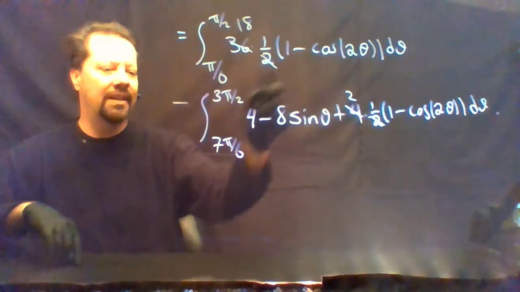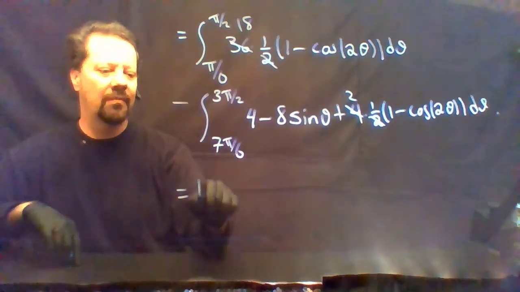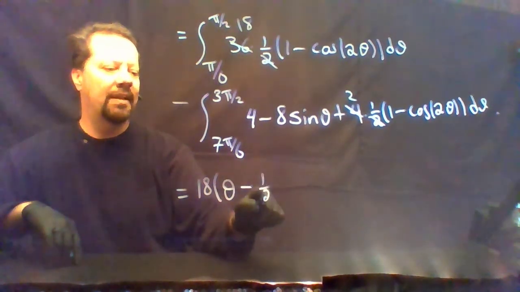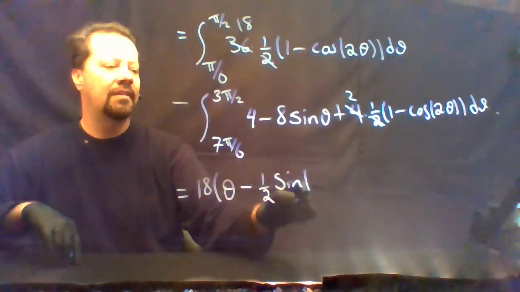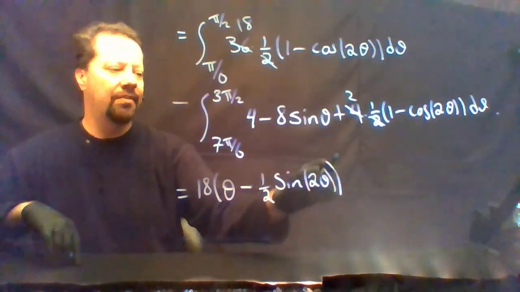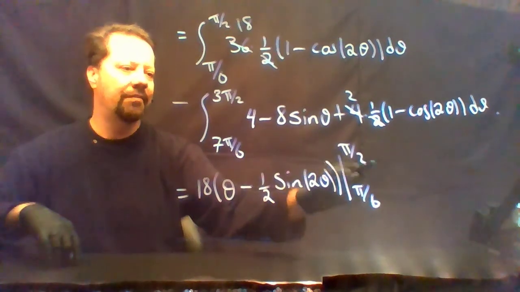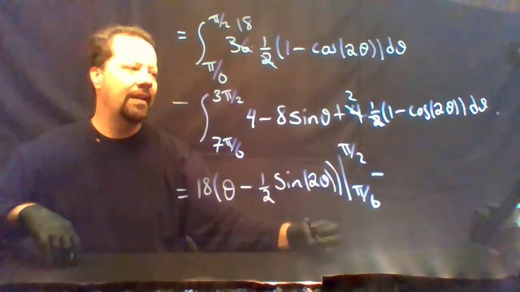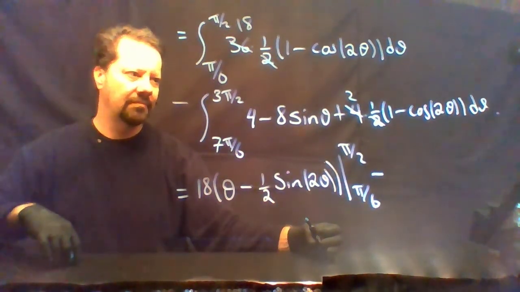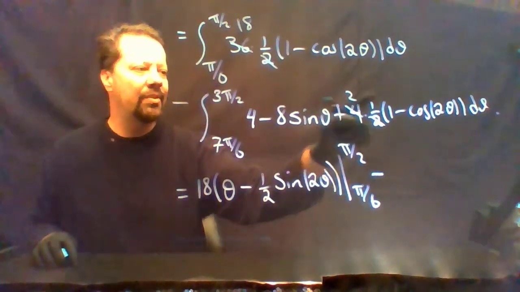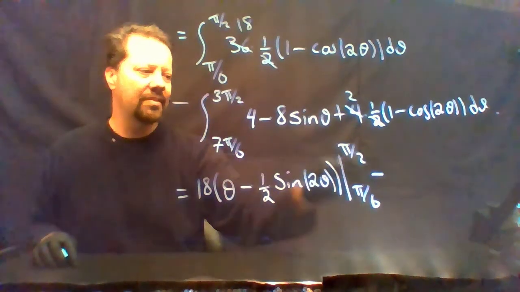And so integrating, we have 18 times theta minus 1/2 sine of 2 theta evaluated from pi over 6 to pi over 2 minus, when we distribute the 2, we'll end up with 6.